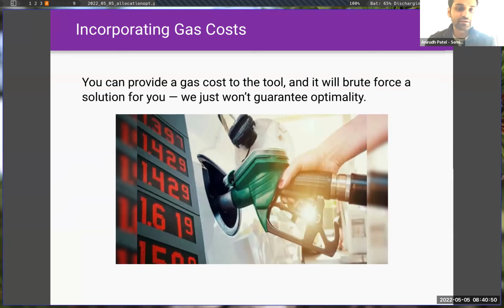But in practice, it does seem to work, probably to within 5% of what's actually optimal. Would be a pretty safe bet. So we can't guarantee optimality, but in practice, it seems to work well. In the future, we do plan to push the gas cost into the actual optimization problem. So then, when indexers use this tool, they will be allocating optimally with respect to gas as well.